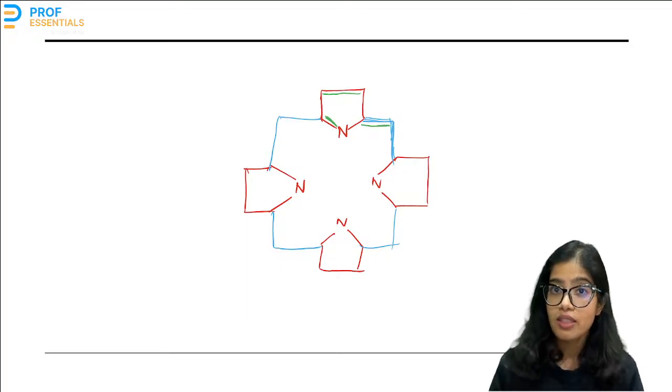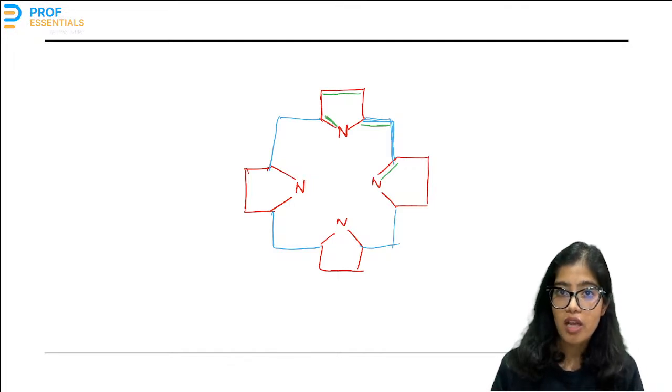So now this carbon is going to have a double bond like this. Now this carbon cannot have a double bond again here with this. So this carbon will have a double bond like this. Okay, now this carbon cannot have a double bond again with this. So what will happen is this will have a double bond with this. Understood?